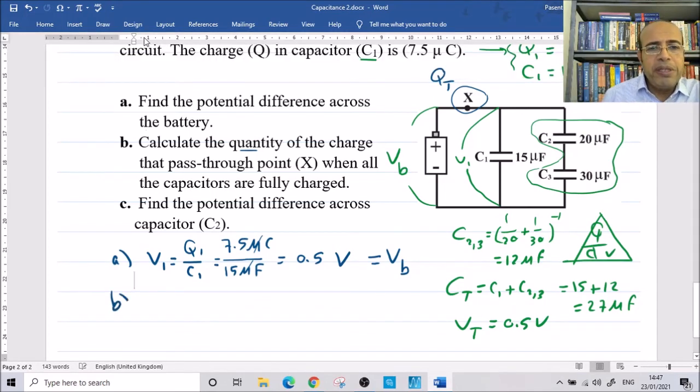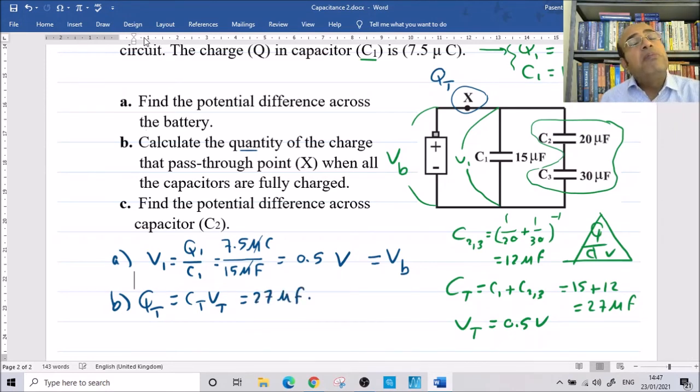In part B, Q total equals C total times V total, which is 27 microfarad multiplied by 0.5 volt. Using the calculator, 27 times 0.5 is 13.5, so the answer is 13.5 microcoulomb. This is the total charge, or the charge that passes through the point X.